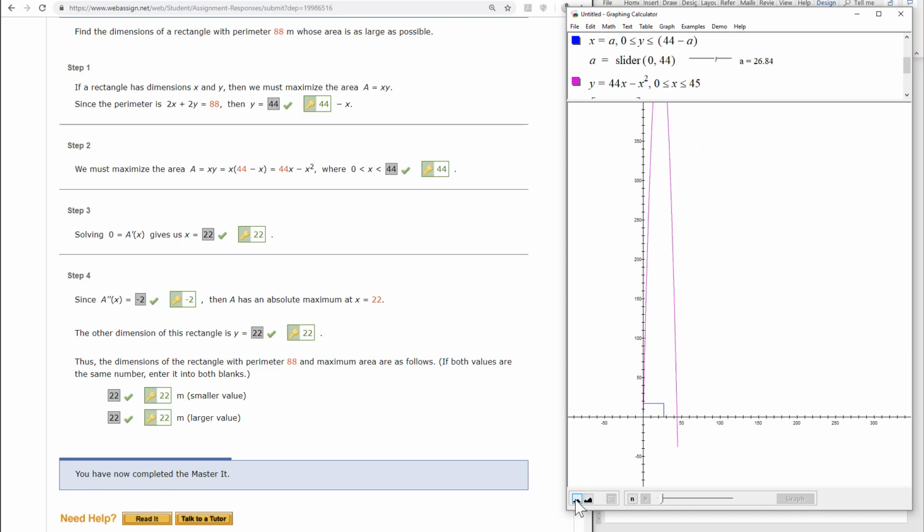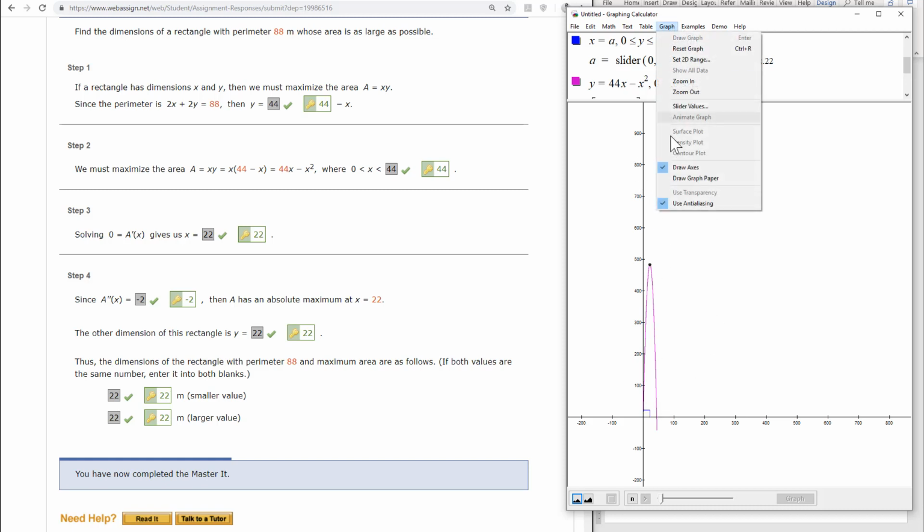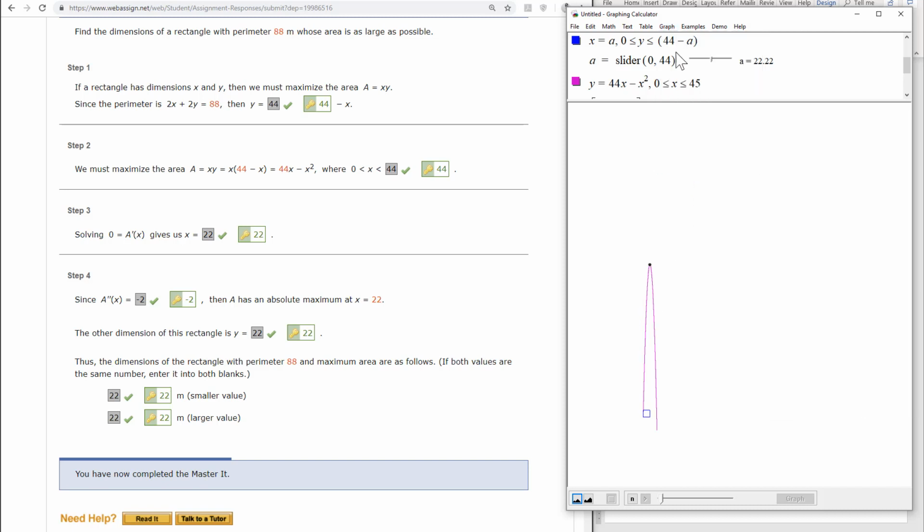Let's zoom out just a little bit more so we can actually see the maximum happen here. See, the maximum is happening over here at 22. Okay, and we see that little square. Let's do one more thing, take out the axis so that we can see the shape of the square or the rectangle going down to 0.